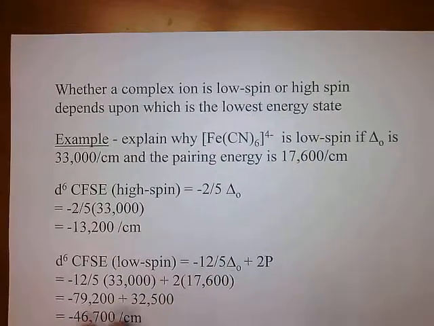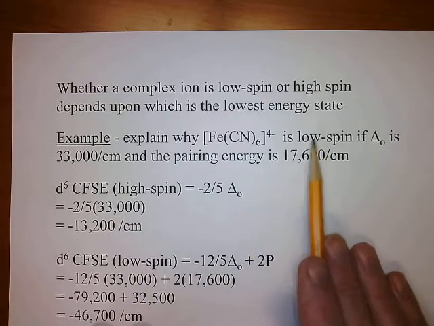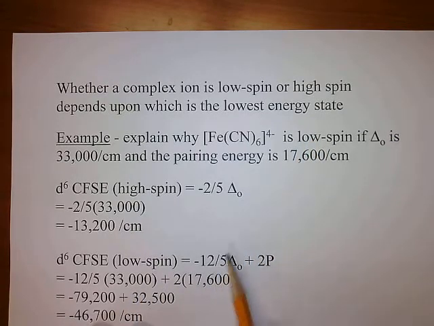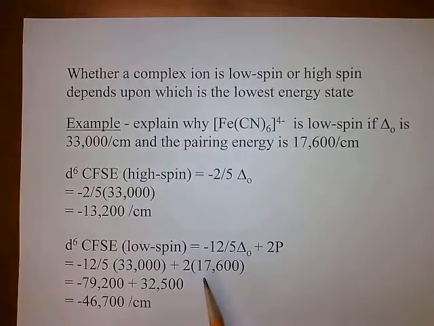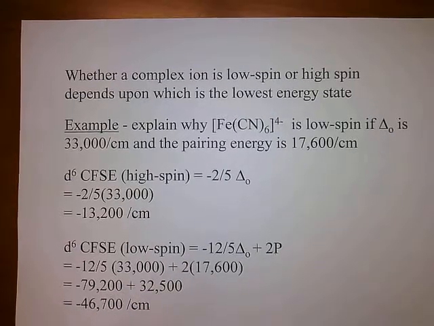So we're going to take minus 12/5 times 33,000 plus 2 times 17,600. The 17,600 was the pairing energy.